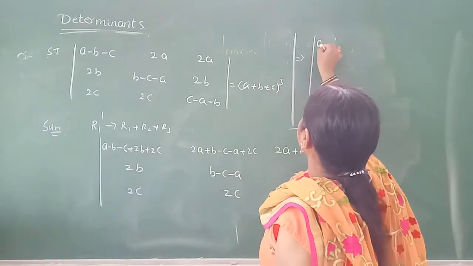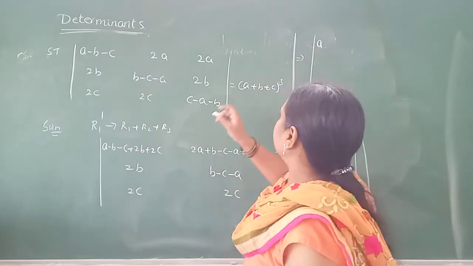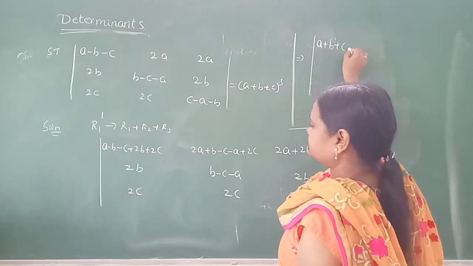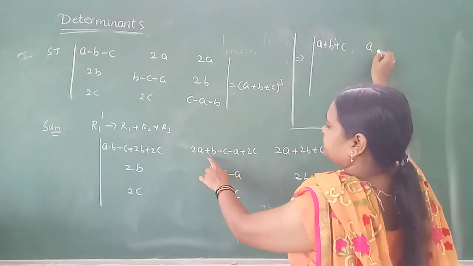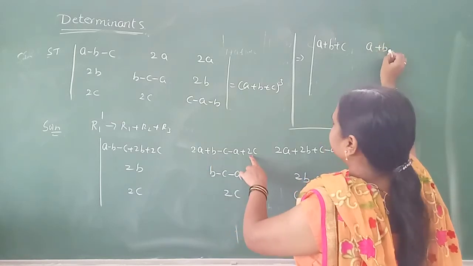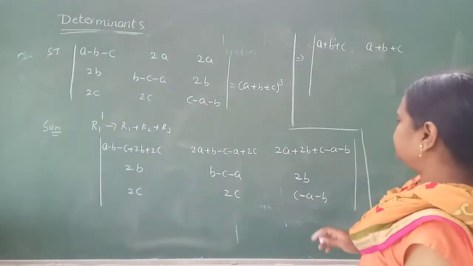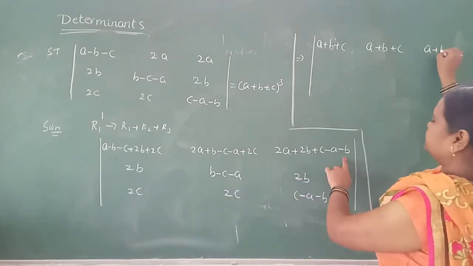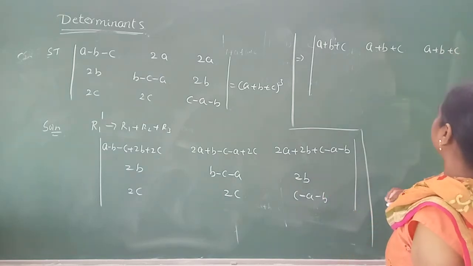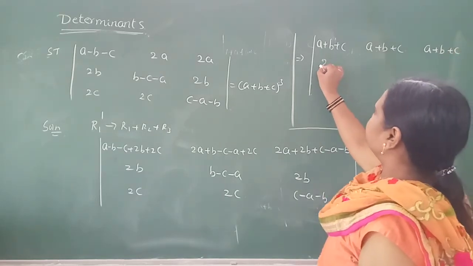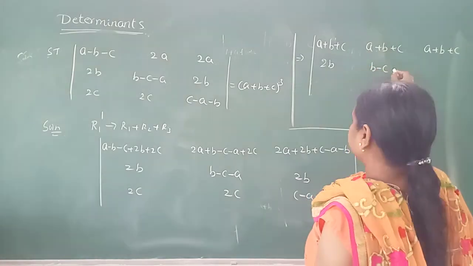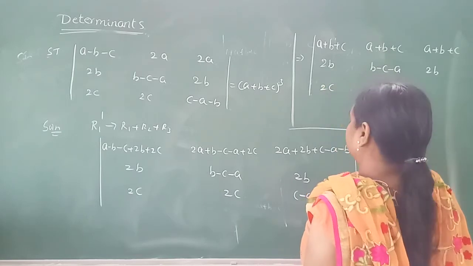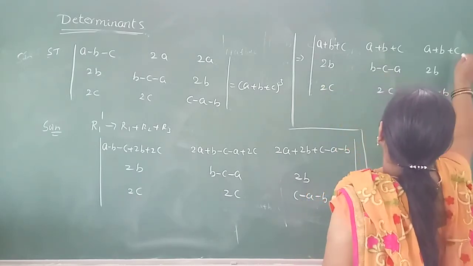A as it is, A minus B plus 2B, what we get is plus B. Minus C plus 2C, what we get is plus C. Next, 2A minus A, B as it is, minus C plus 2C. Next, 2A minus A, 2B minus B plus B, C as it is. There is no change. Next, 2B, B minus C minus A, 2B as it is. 2C, 2C, C minus A minus C.